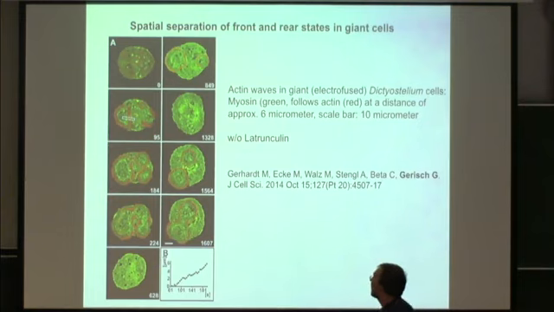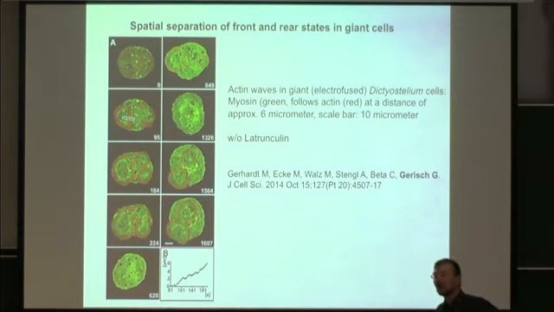And then what you find is quite a striking thing. You see propagating waves here in red, the actin marker, and then at some distance behind, you see in green myosin assembling. The scale bar here is 10 microns, roughly about the size of a normal cell, and you see how gigantic these cells really are.